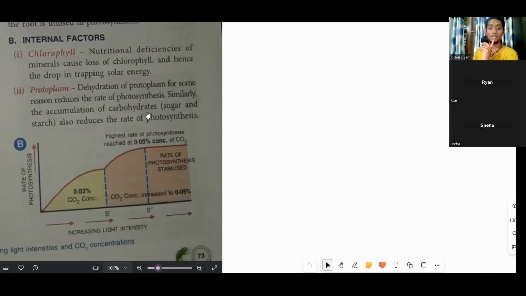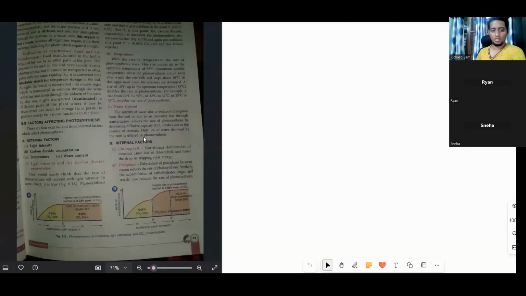Similarly, the accumulation of carbohydrates, that is sugar and starch, also reduces the rate of photosynthesis. Glucose is converted into starch. That should not get stored inside the protoplasm. It should be transferred to different parts of the plant. But in case it is not transferred and it stays within the protoplasm, then that also decreases the rate of photosynthesis.